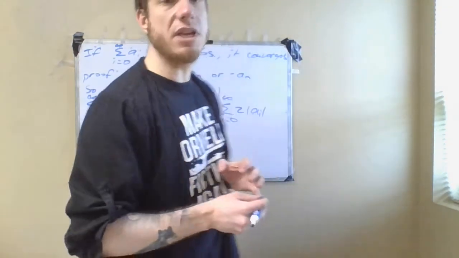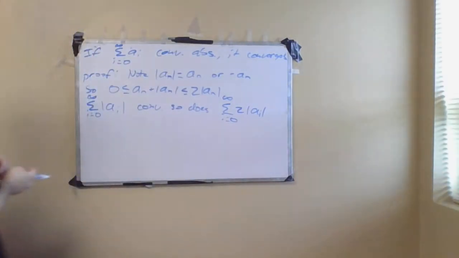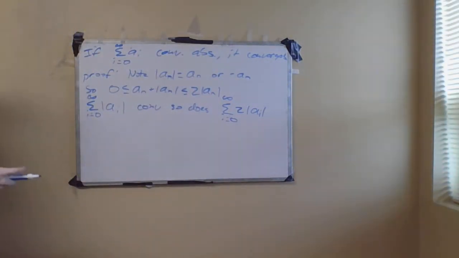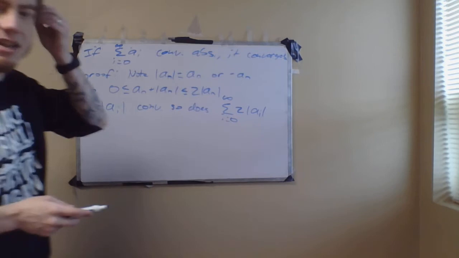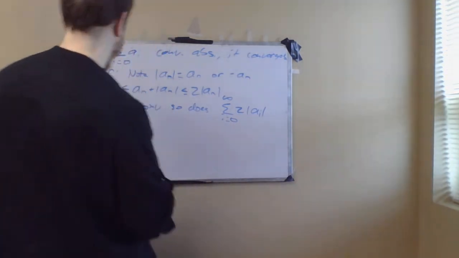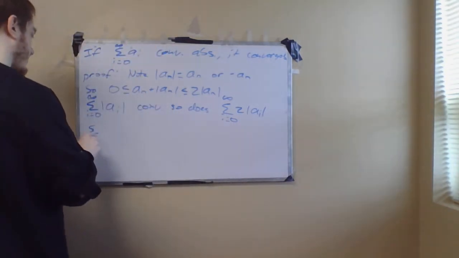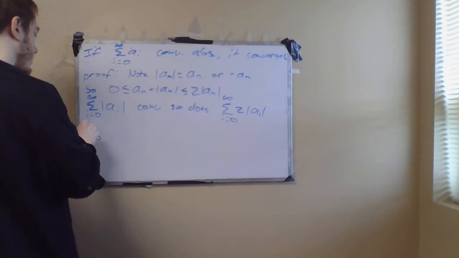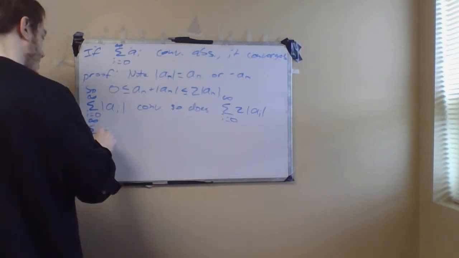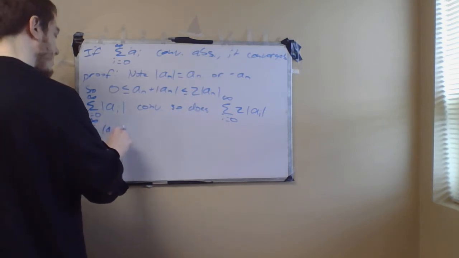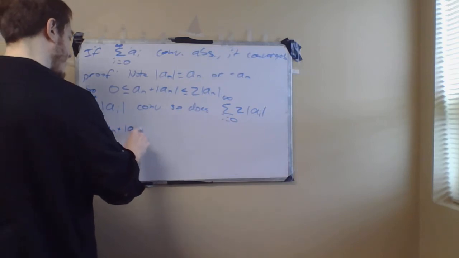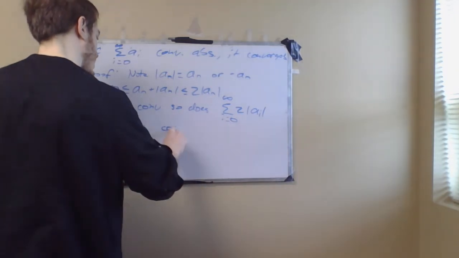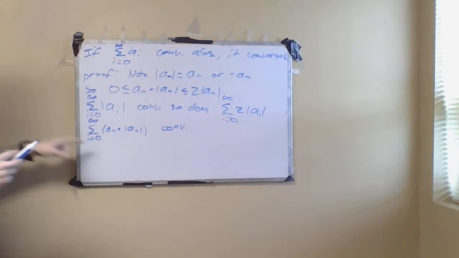And then what we can do is we can say, okay, so this means that the sum from i equals 0 to infinity of a sub n plus absolute value of a sub n converges. And why is this true?